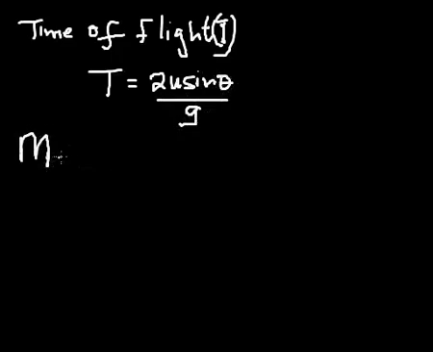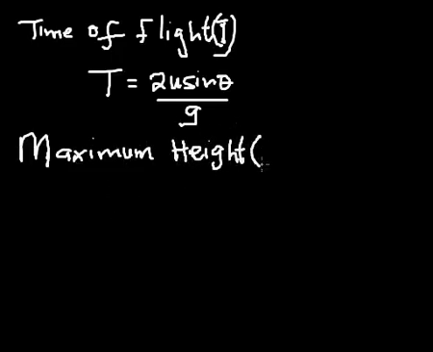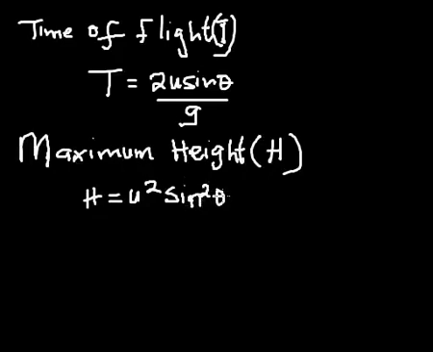The second is the maximum height, which we already know is u squared sine squared theta all over 2g.